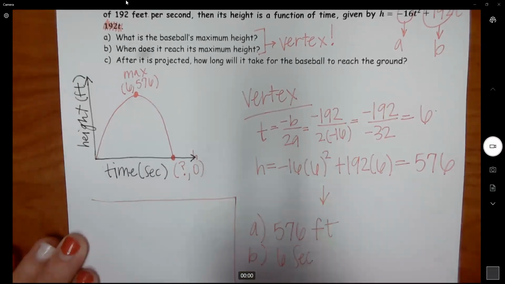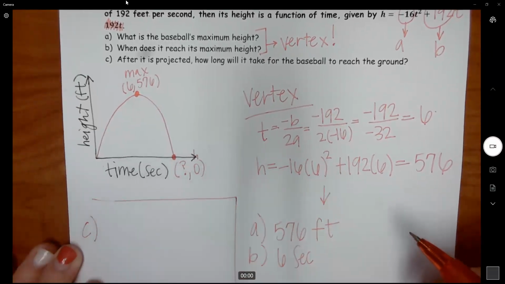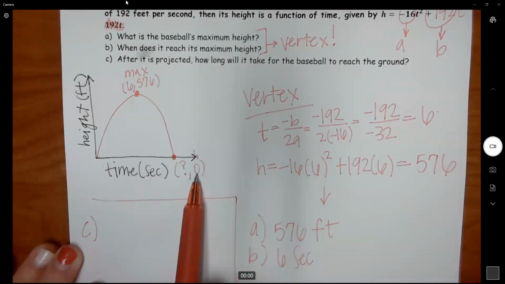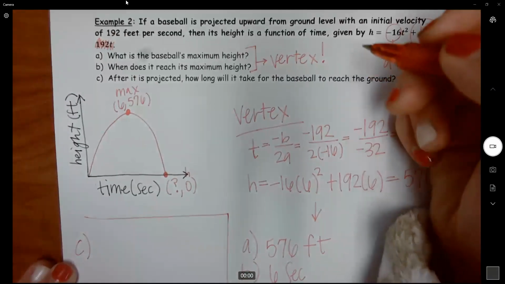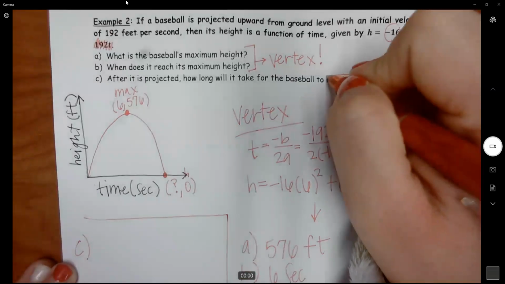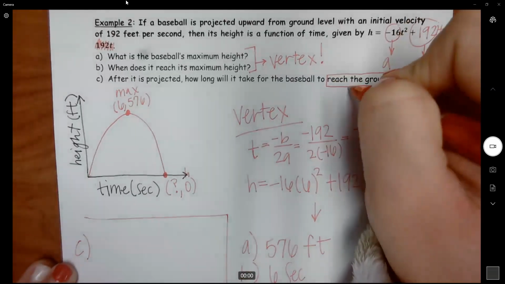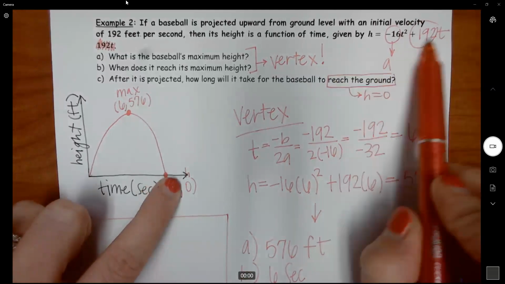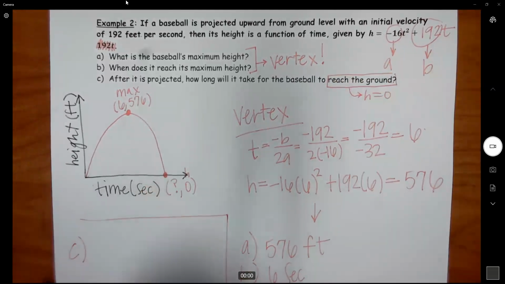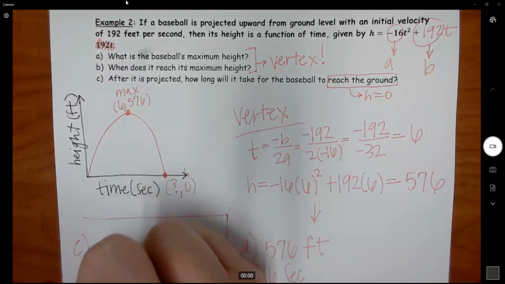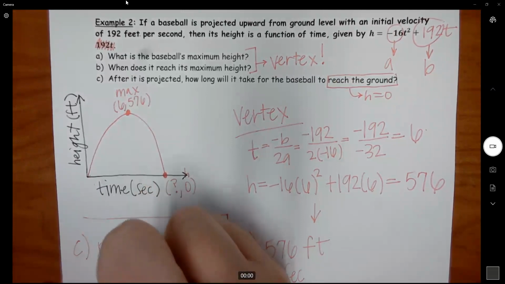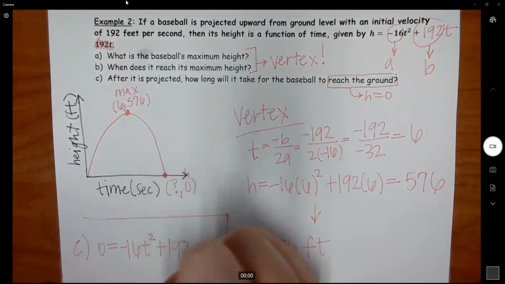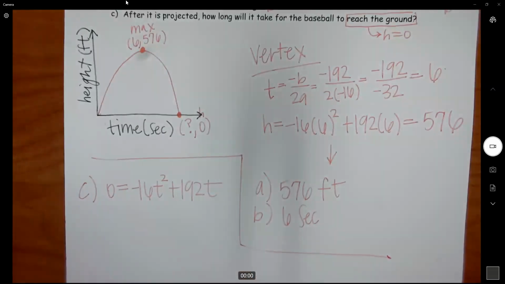So to be able to solve C, because it's when will it reach the ground, and we already said h is 0, take your equation here and plug in 0 for h. And now solve.